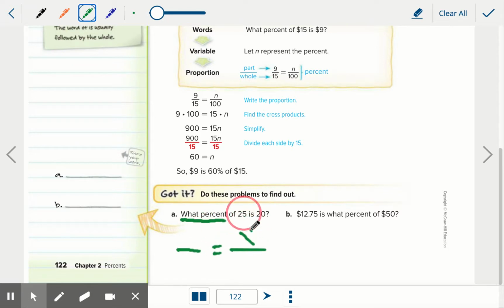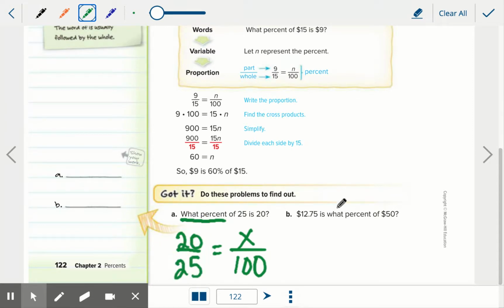We don't know the percent, but that's that ratio. Now the other ratio, we're going to use this 25 and 20. What percent of 25 is 20? Well, it's saying the part is 20, and it's out of 25.